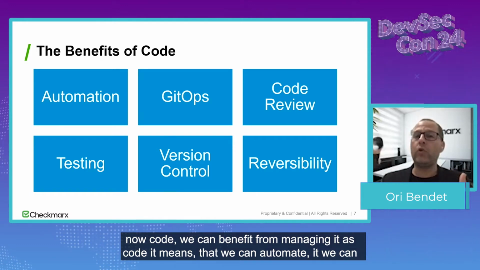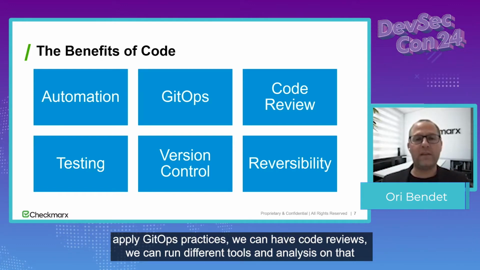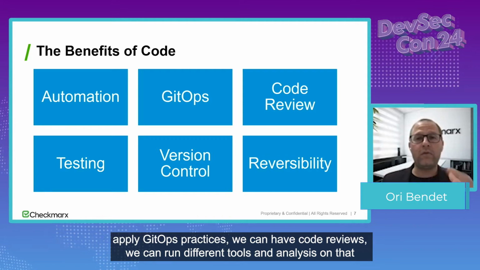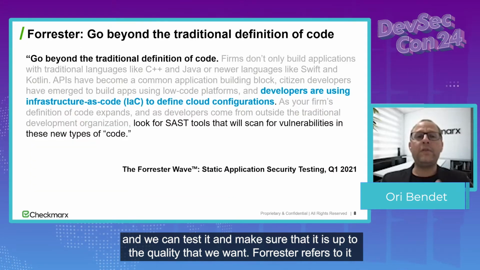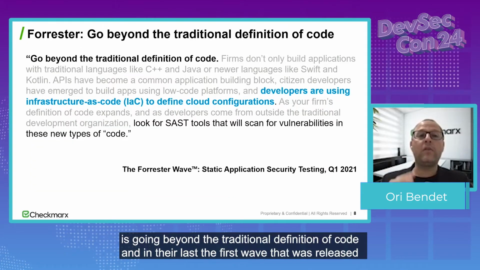It means that we can automate it, we can apply GitOps practices, we can have code reviews, we can run different tools and analysis on that, and we can test it and make sure that it is up to the quality that we want. Forrester refers to it as going beyond the traditional definition of code.